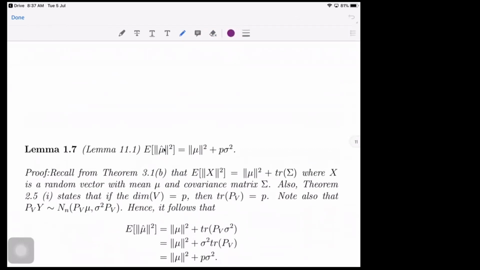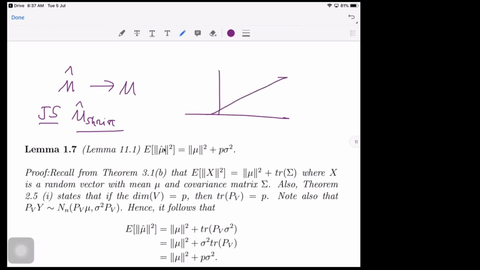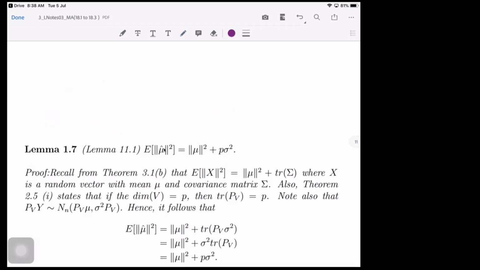Remember, we are estimating mu by mu hat. What the James-Stein estimator does is try to shrink mu hat. So if we want to shrink a vector, how do you shrink a vector? You divide it, ma'am.